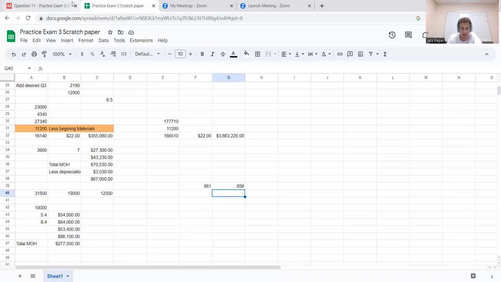But it's $6 a frame, so we'll do 6 here and 6 here. That's in dollars, right? Then we'll multiply this times this and this times this. Okay, so that's the variable portion.